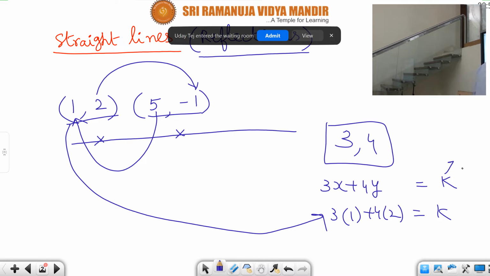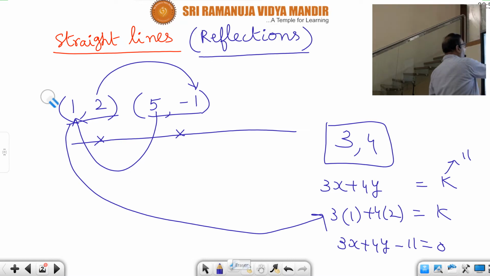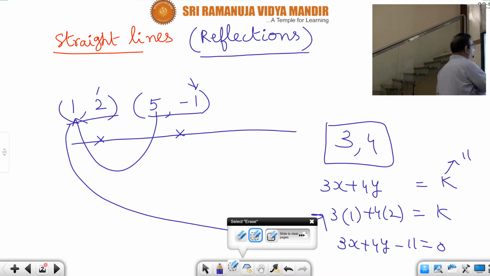K is equal to 11, you put it there and take it to the left side. So 3x plus 4y minus 11 equal to 0. So this is one example. Let's consider 1 or 2 more examples so that we will be thorough.